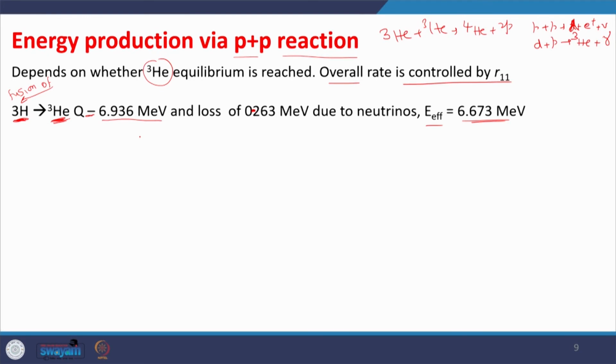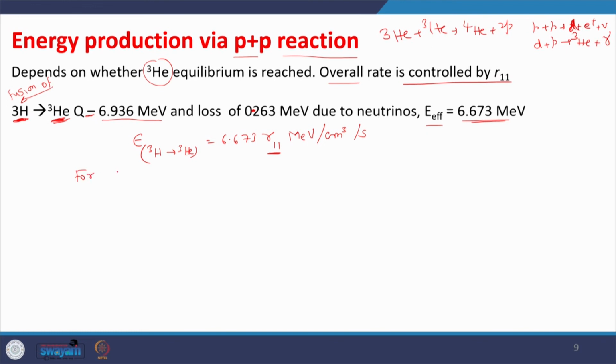See, when 3 protons are giving helium-3, this is 6.673 times the total reaction rate of P plus P, in MeV per centimeter cube per second. So, this is the energy produced in the reaction when the total reaction is controlled by the P plus P reaction only. Either you can write R11 or PP, that is up to you.